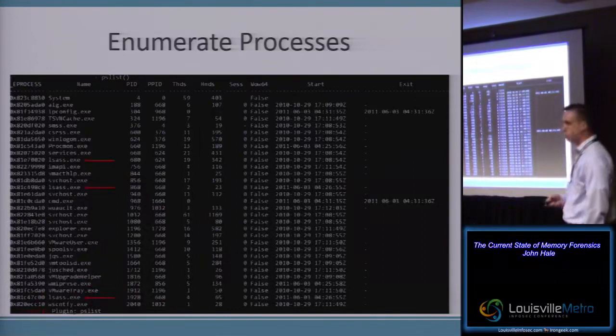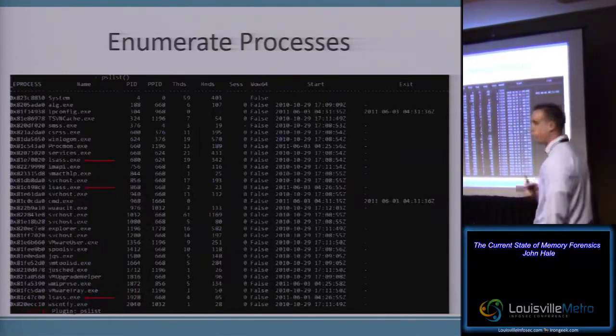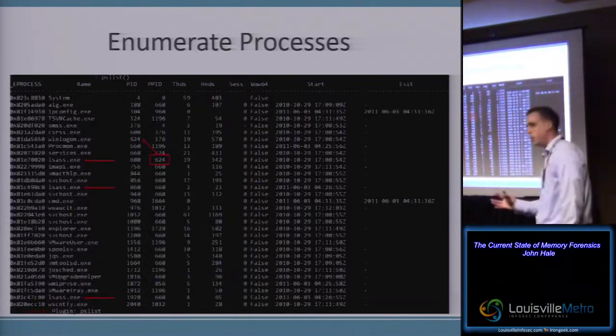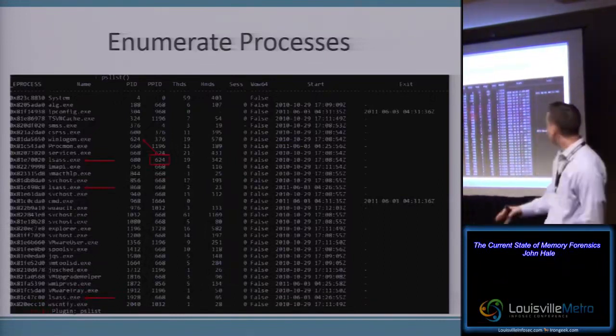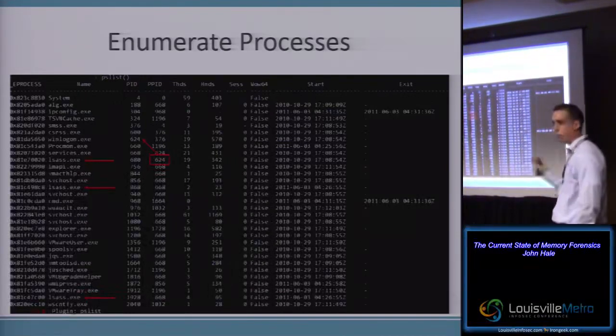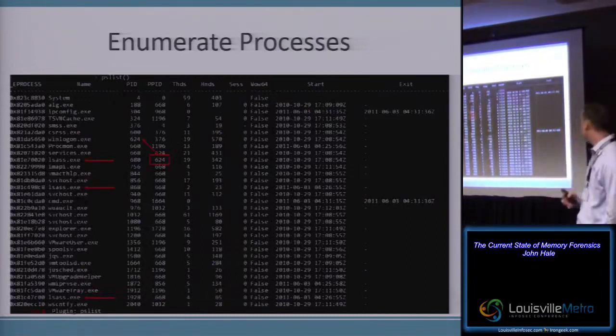So if we dig into these a little bit further, let's take a look at their parent process. Let's see who started LSASS. Now in the top one, we can see that Winlogon started LSASS. And in some cases that may be normal, in some cases it may not be, depending on the operating system. So Vista and beyond, Wininit we would expect to start LSASS. However, prior to that, we would expect Winlogon.